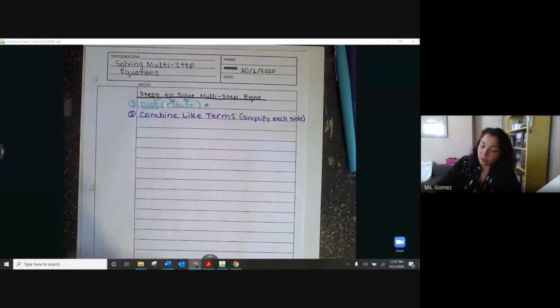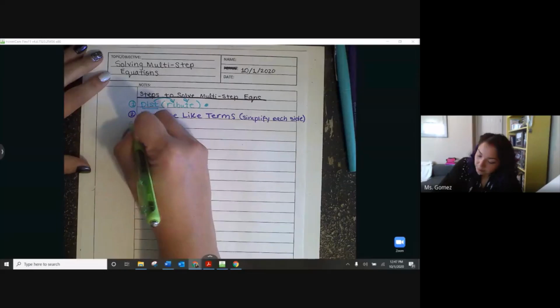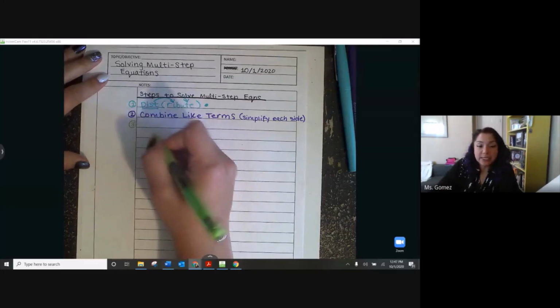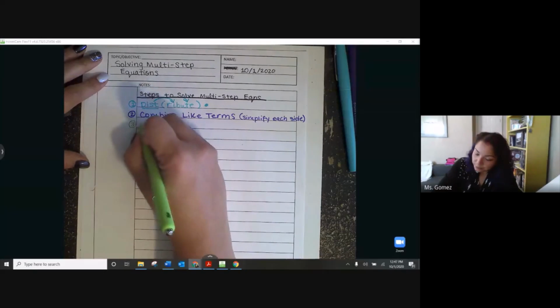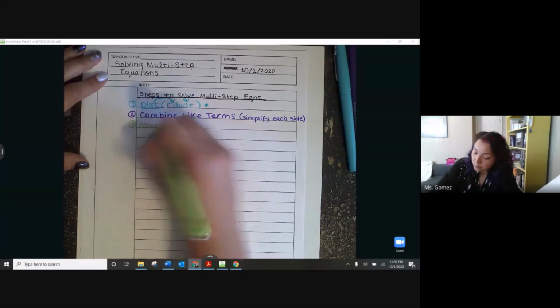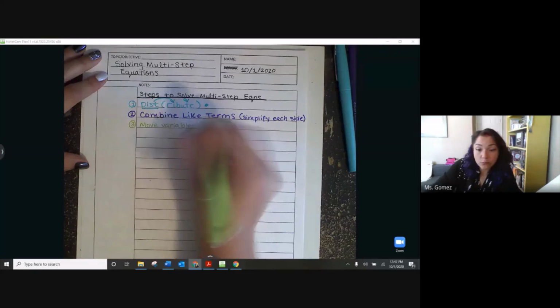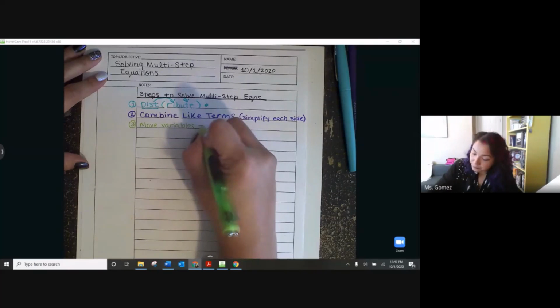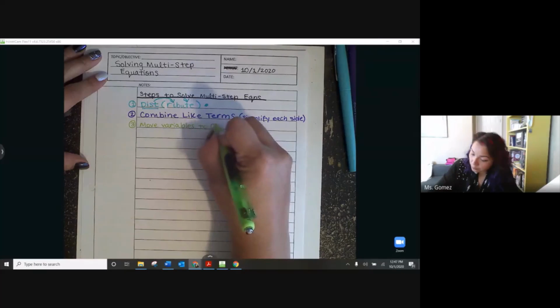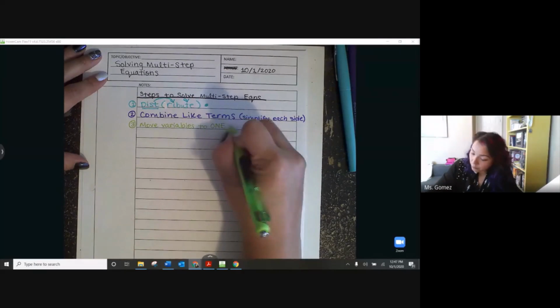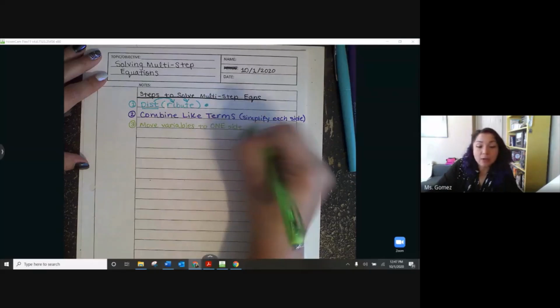Okay, step 3. Step 3 is move variables to one side. You've got to choose one. It doesn't matter which one.